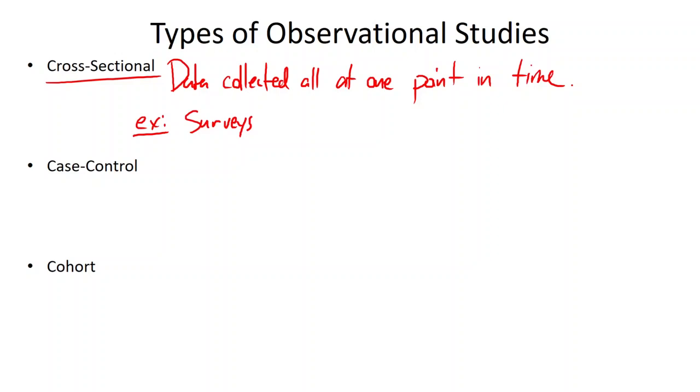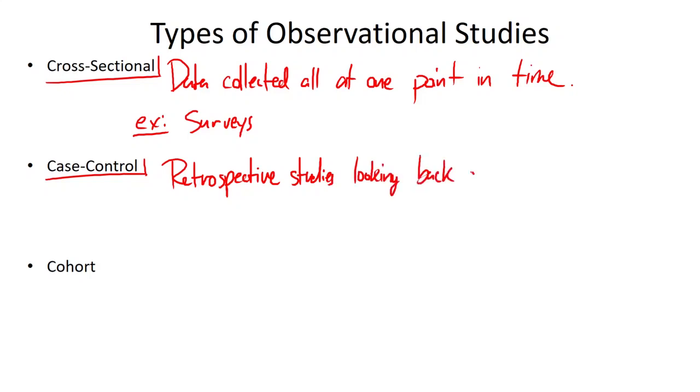Case control. This is another terminology you'll see used in studies. This is when you're looking back in retrospect at data that's already been collected. So this is retrospective studies, looking back at previously collected data. Like looking at old census data.